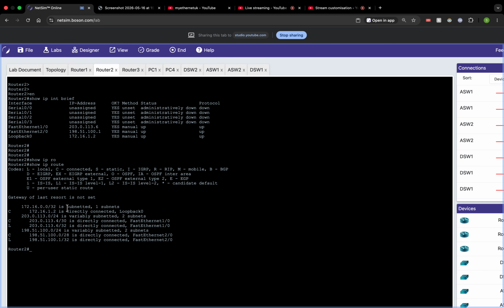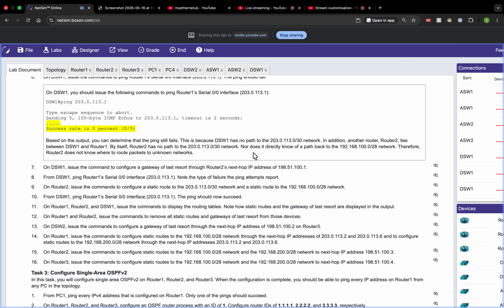We should be able to ping. Let's try the VLAN 1 interface. I'm just interested what's going to happen when I ping DSW1's. If I try and ping that, will that work?